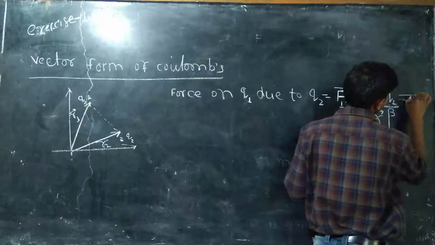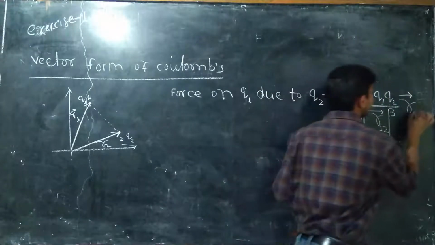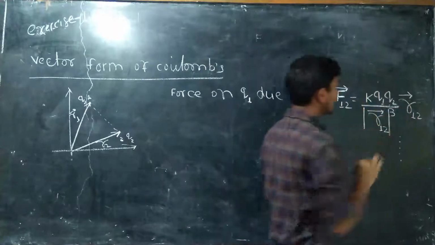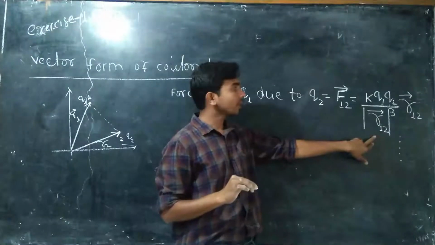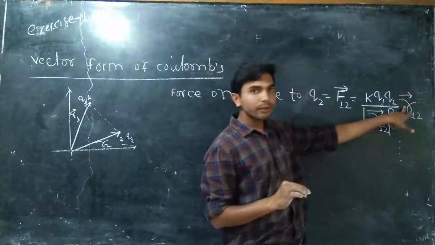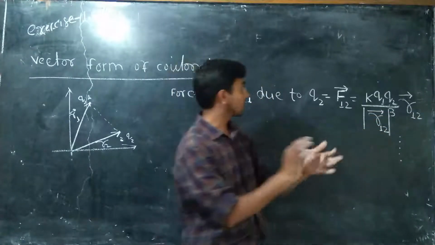And here R vector, R12 vector, okay? You can see here I am putting power 3. Why am I putting power 3? Because 1 R is here, right? So that's why in denominator power third is coming, right?